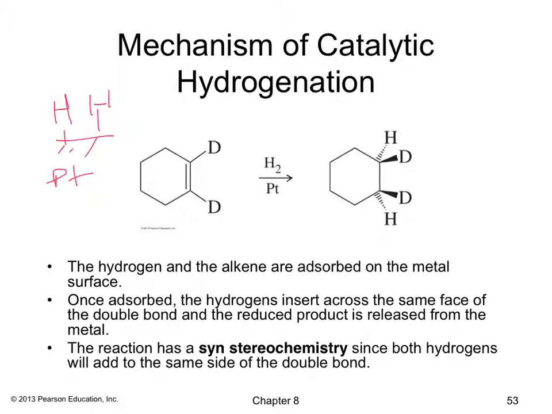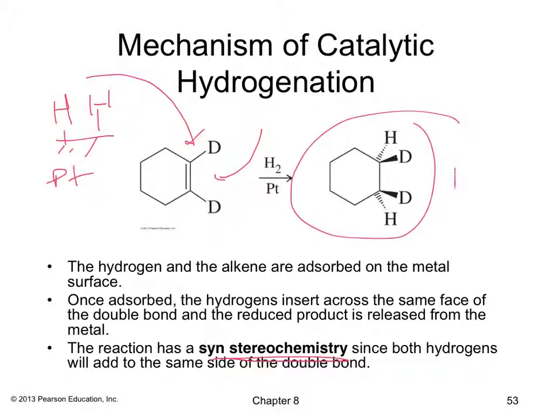As a result, when it comes and reacts with the double bond, it can go on top or on the other side, on the bottom of that double bond. So if it comes on the bottom, or at least in this case on the bottom, you're going to have syn addition, so it's syn stereochemistry. They'll add on the same side of the double bond, and then it will produce the reduced product, which is here.